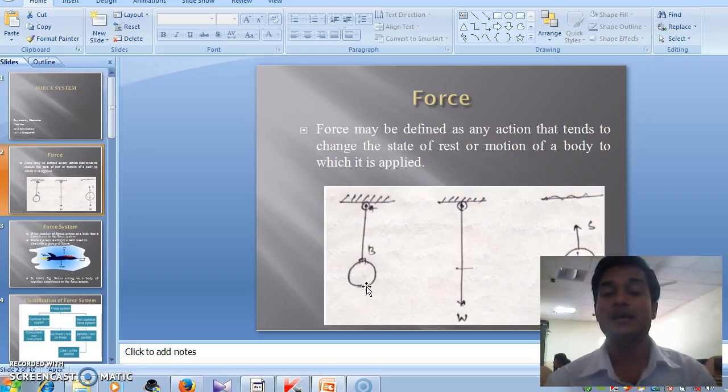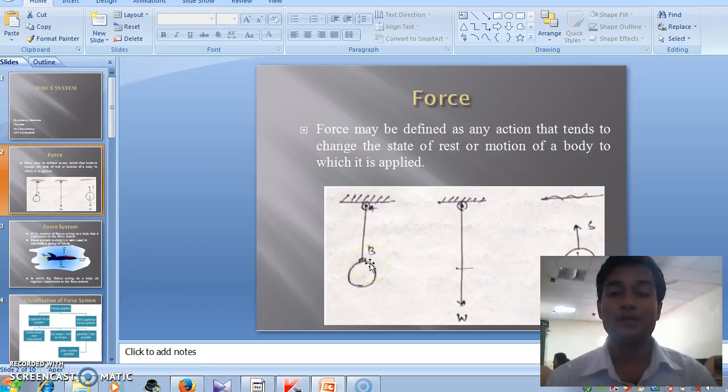Looking at this figure from a different angle, this steel ball is hanged with this rope. The weight of the steel ball is causing it to move in the downward direction, as represented in this diagram.